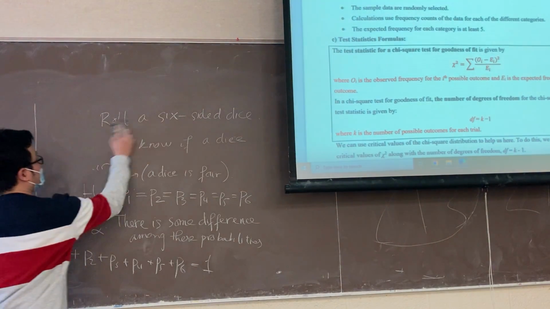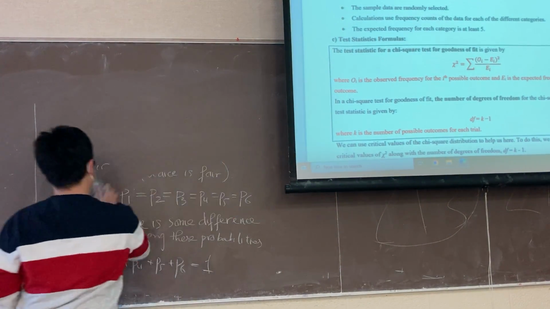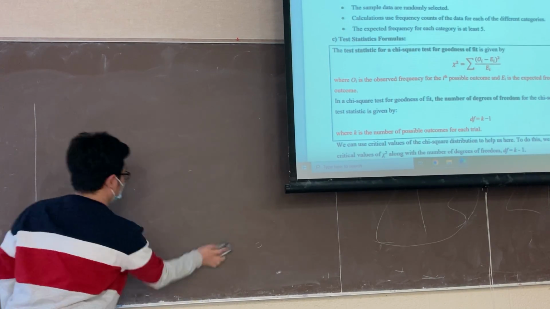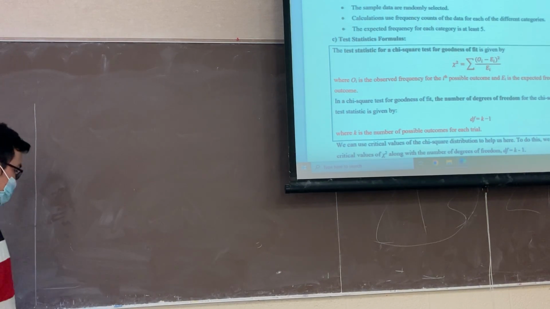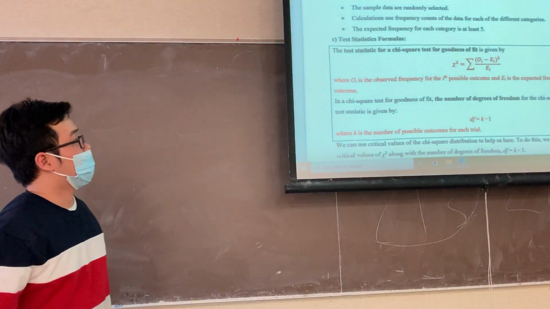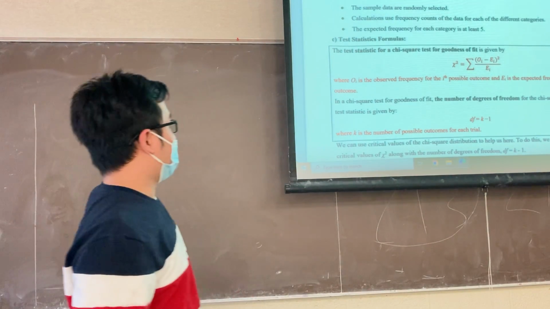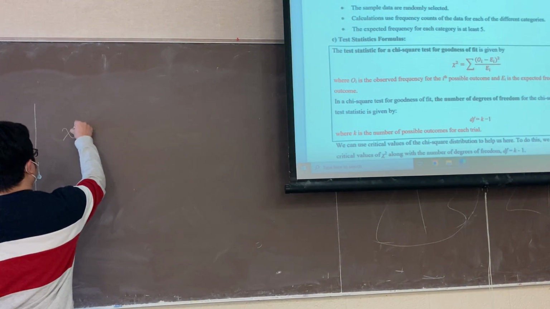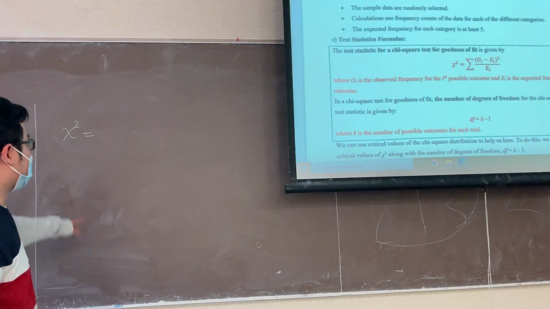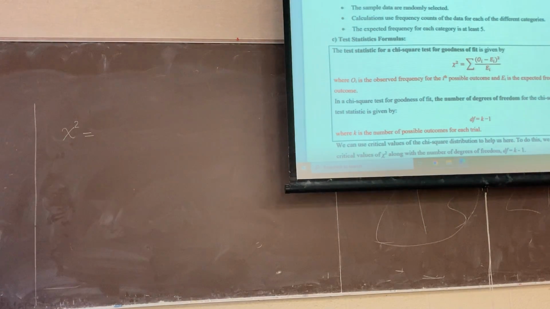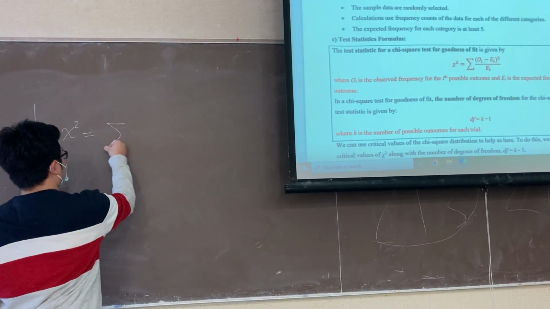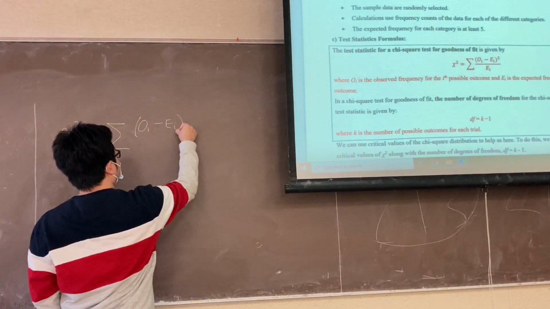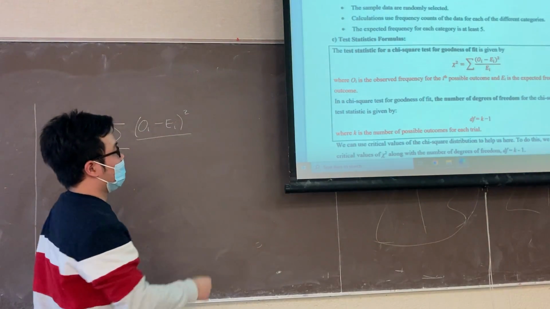So now I will give you the method to test, to do the hypothesis test, the chi-square test for this kind of problem. Okay, we have the formula here. The test statistic formula here is chi-square, denoted by this notation, and will be calculated by the sum of (Oi minus Ei) squared over Ei.